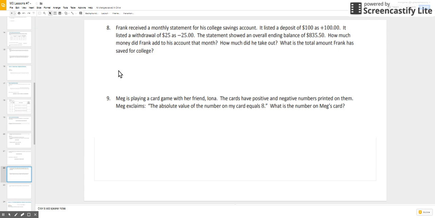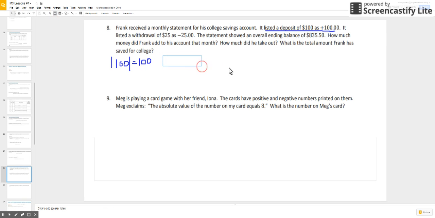Well, that's a deposit. So let's get the blue marker out. How much did he add? Well, that's the deposit. So of course a positive 100, absolute value is equal to 100. Let's get our text box out. What does this mean? Remember, a magnitude is what is the situation?